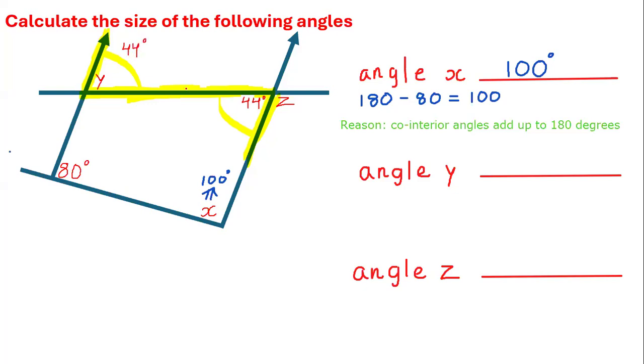Angles that form a Z are equal, but what type of angles are these? Alternate. Alternate angles are equal. Okay.